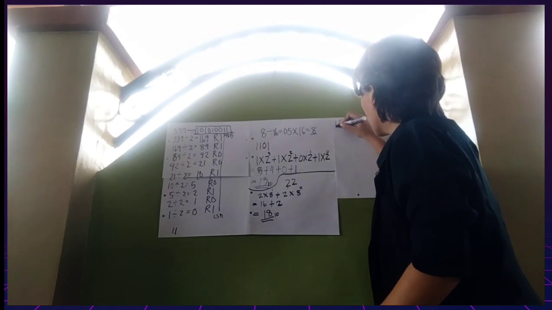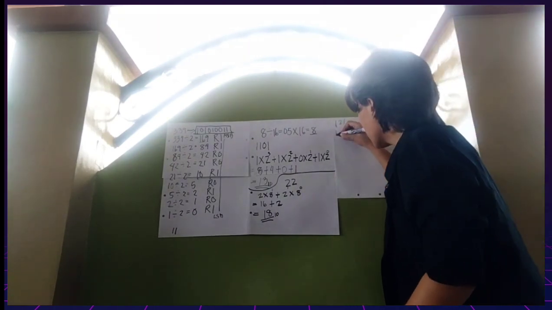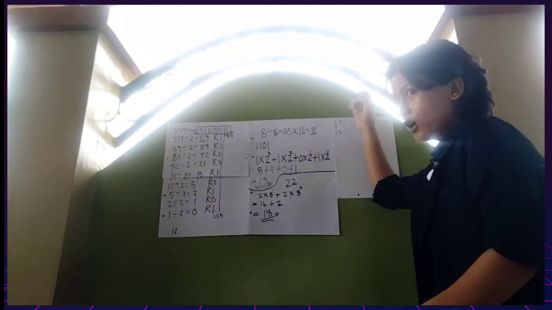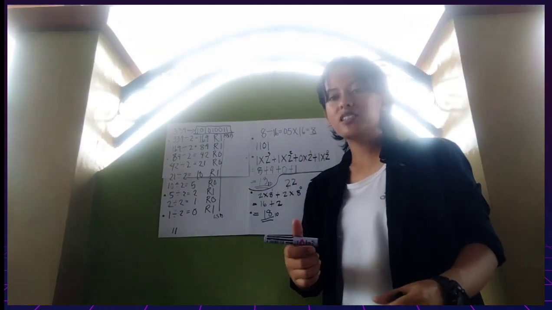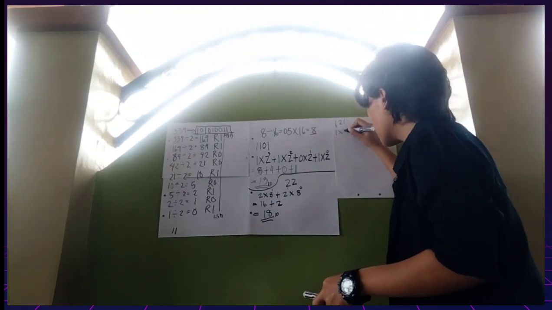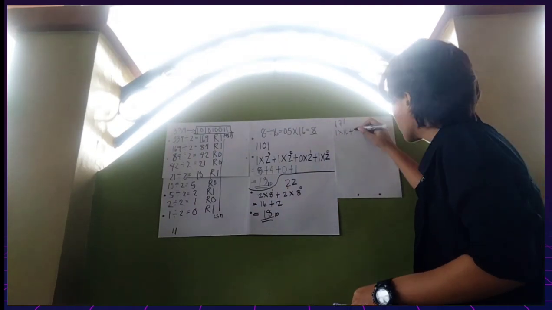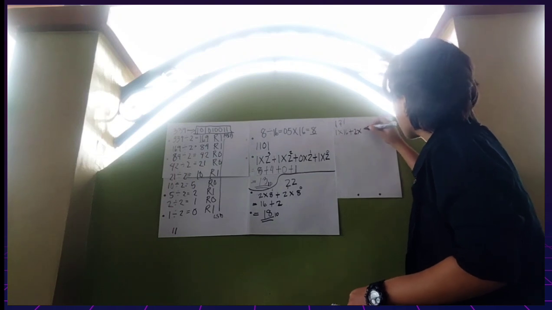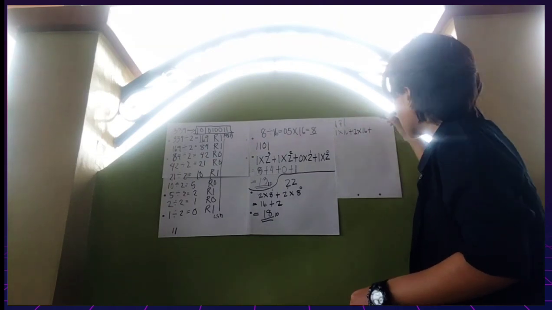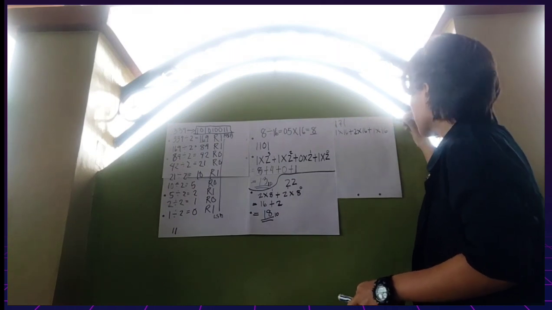So first, let's start with the first digit of the given number, which is 1. 1 times, of course, hexadecimal. So the base of hexadecimal is 16. So we need to use the base of 16. Then plus the second digit, 2 times the base number, plus the last digit, which is 1 times the base of 16.